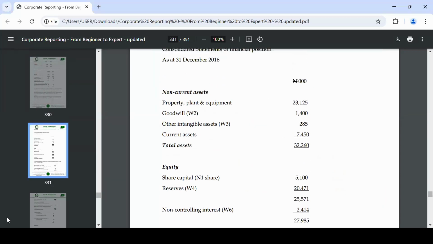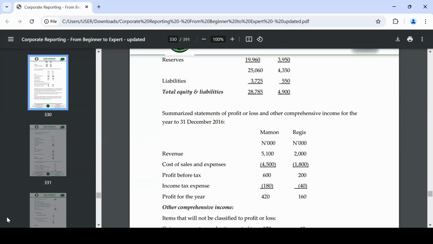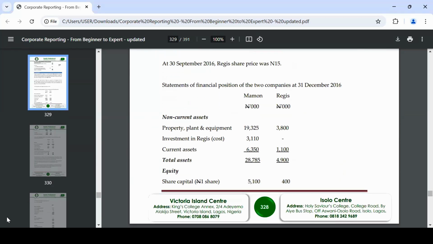Now let's quickly look at what the consolidated statement of financial position looks like. Our PPE will simply consolidate straight. We're not given any additional information that affected this. So we simply consolidate by adding. However, this investment in Regis is the addition of the 1,010 plus 2,100, which is what Mammon would have done in their separate books.